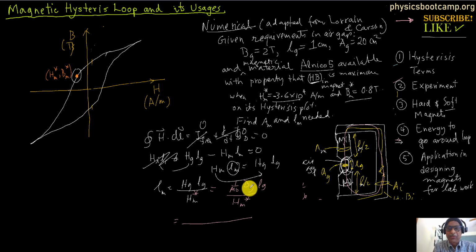Bg is 2 Tesla, Lg is 1 centimeter. We don't need to change units there because this will cancel that. So 4 pi times 10 to the minus 7 for mu naught, and Hm star, I'm going to use the absolute value, because we already took the direction into account, 3.6 times 10 to the power 4.